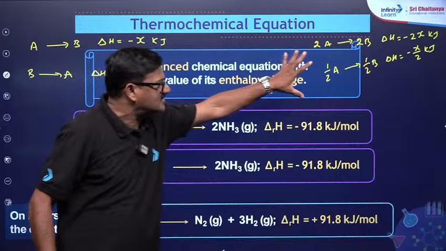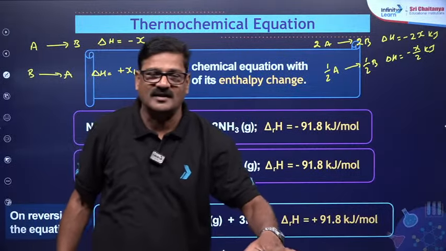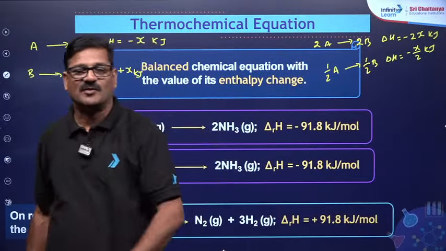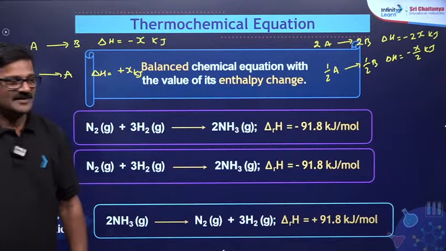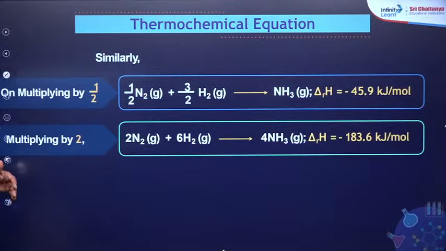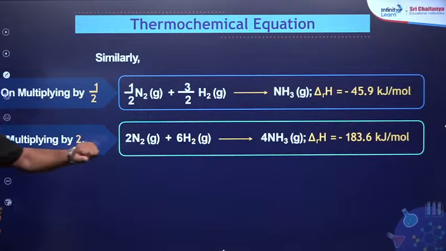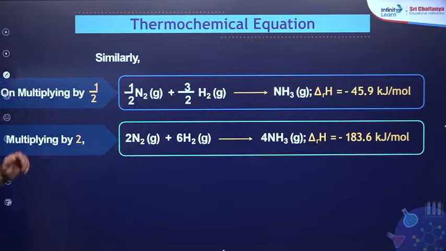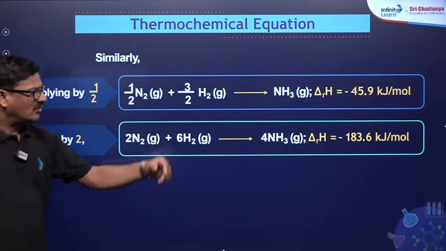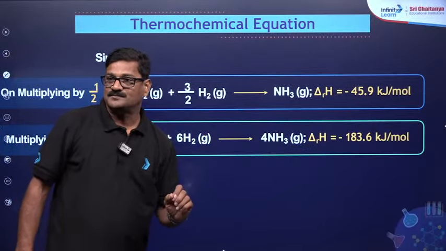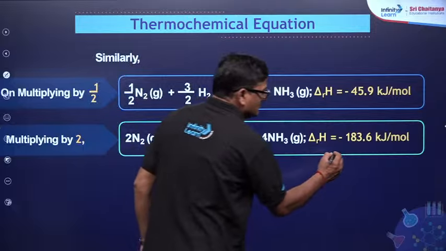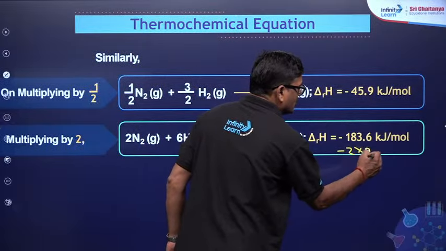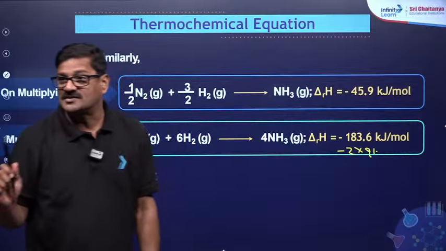These are the key points required to handle numericals in thermochemistry. Similarly, multiply with half and you get half the value, and multiply with 2 and you get double the value. So minus 2 into 91.8, how much is it given?